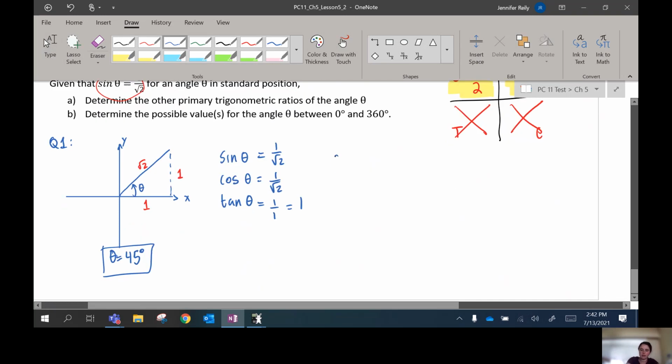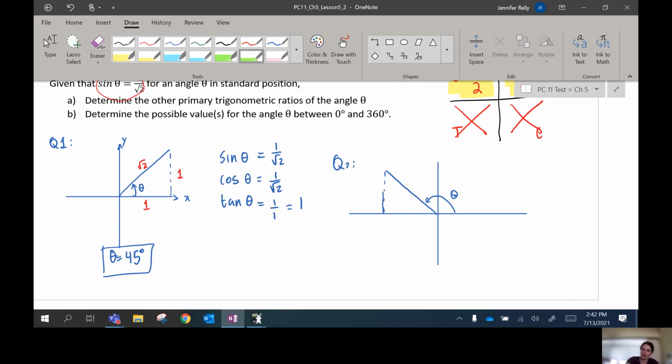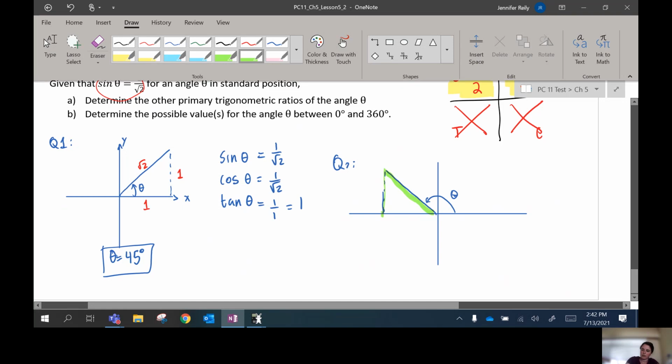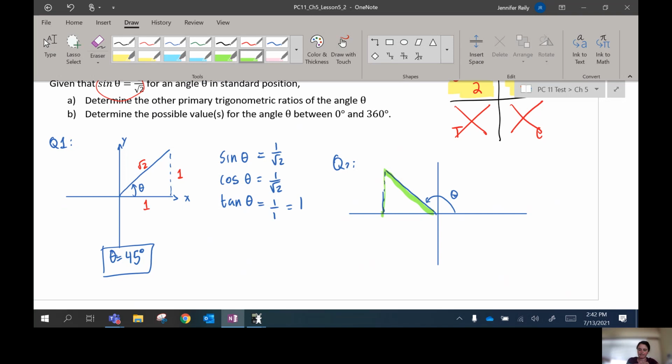Okay, let's say I was in quadrant 2. How would that look? Always draw a picture. So this time I'm going to be looking like this. Here's theta. And I'm going to have similar lengths. I'm still going to have that special triangle, the 1, 1, root 2 triangle, the 45, 45, 90.